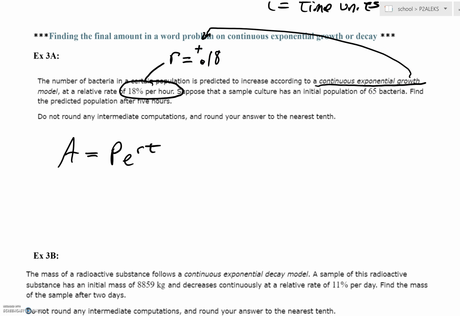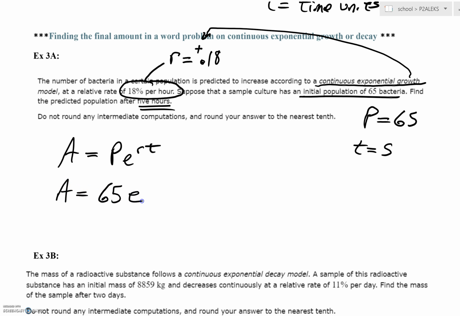From here, it says you've got an initial population of 65. You could put in P equals 65. And then you're going to have 5 hours. So T is equal to 5. So we'll have 65. Here's E. Your R is 0.18. And then your T is going to be 5.